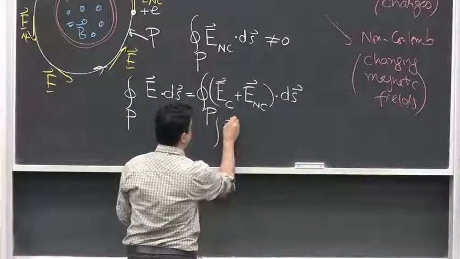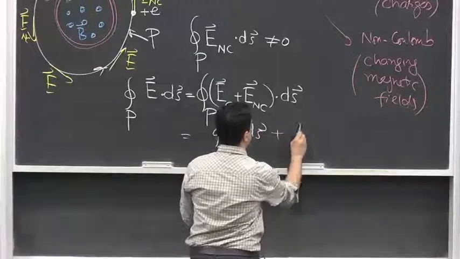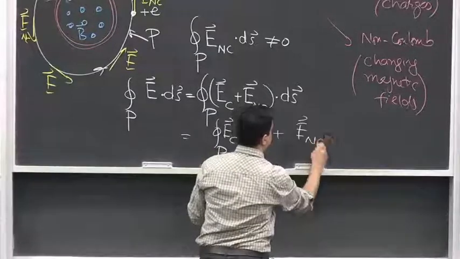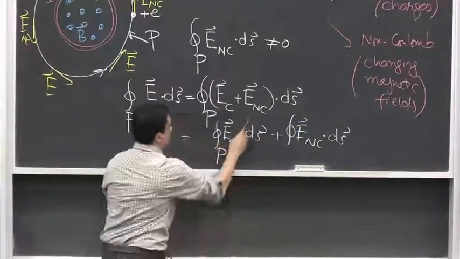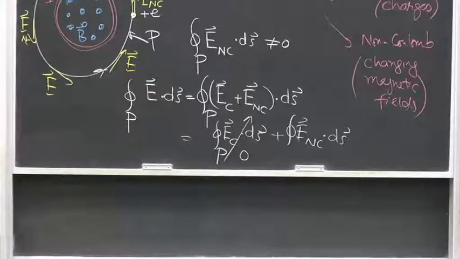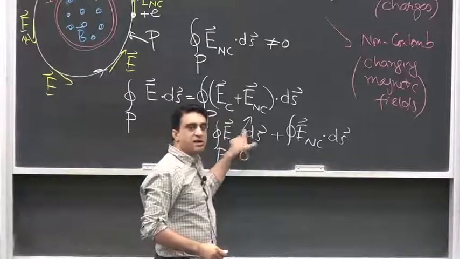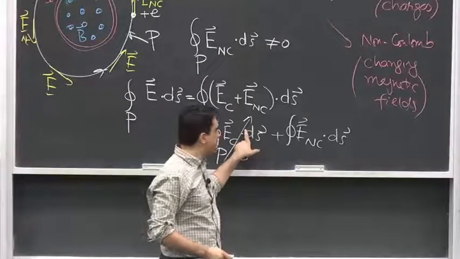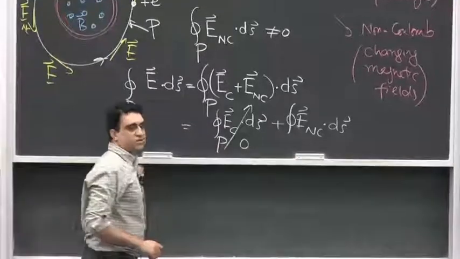There is a Coulomb field dot ds over a closed path, plus a non-Coulombic field dot ds over a closed path. The first should give you a zero value because the normal electric field due to charges doesn't have any curl, and if it doesn't have any curl, this integral will give you a zero value, but the second won't give you a zero value. So what would it give you?